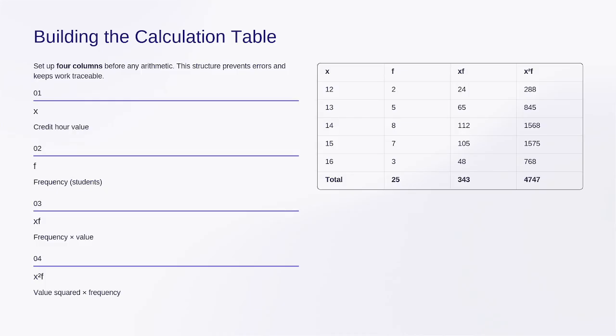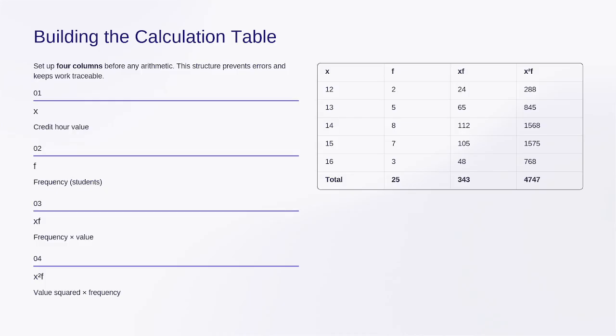For x equal to 12, 12 square is 144. Multiply by frequency, 144 into 2. That will give 288. Similarly, 13 square is 169. 169 into 5 will give 845. Continue for all rows.